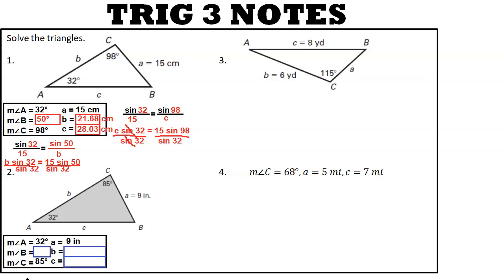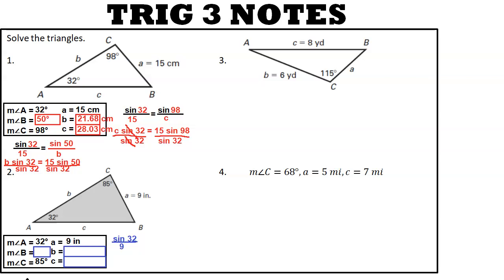All right, so once again, if you look at our setup, we have the complete story about the letter A. So that's something we're going to use right off the bat. We are going to say sine of 32 over 9, and then we're going to put it equal to the incomplete story.